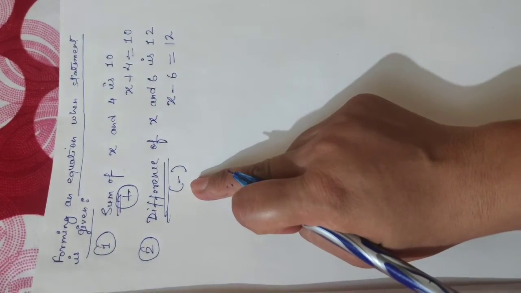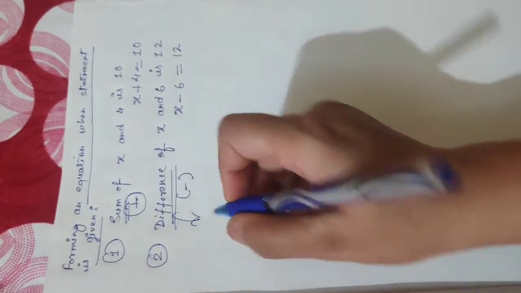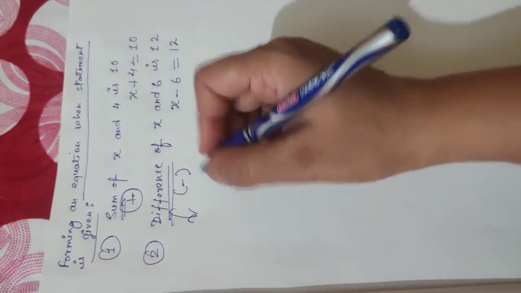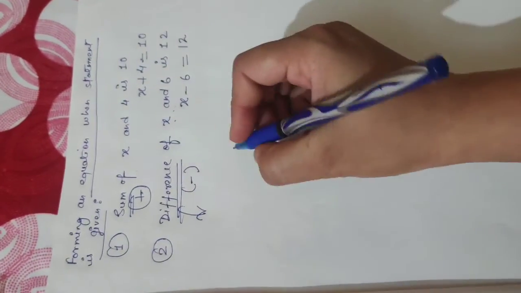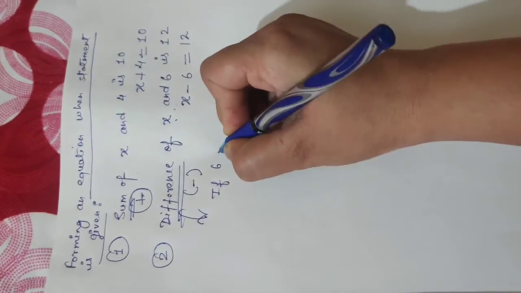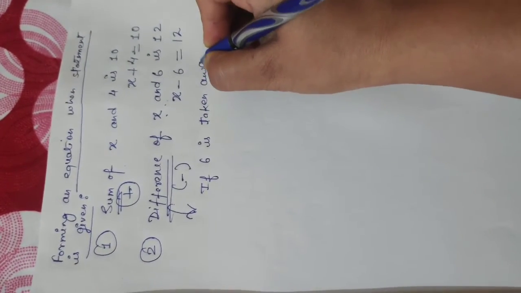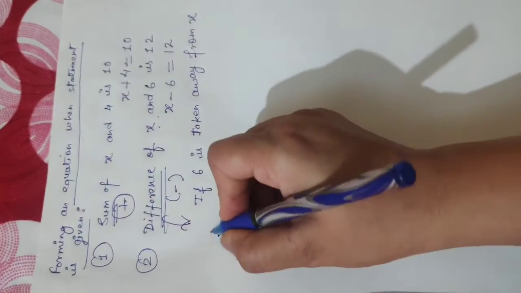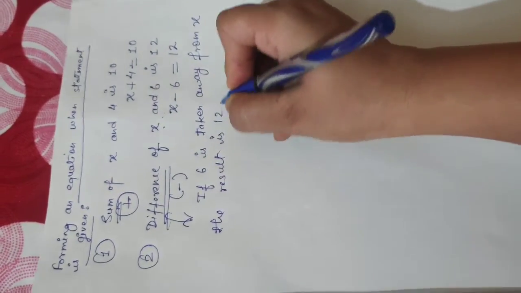The problem of this type can be asked in a different way also. That means in place of difference it may be asked like, if 6 is taken away from x, the result is 12.